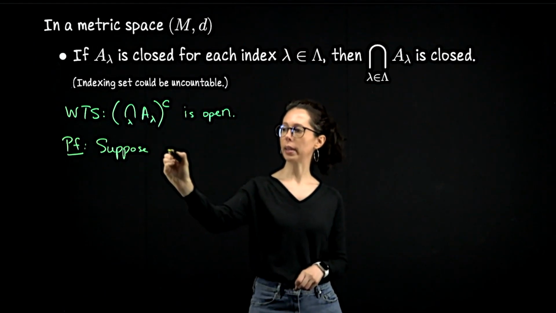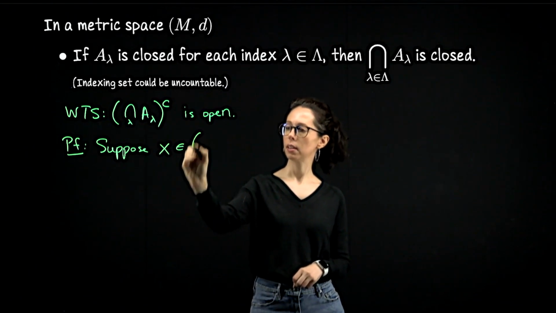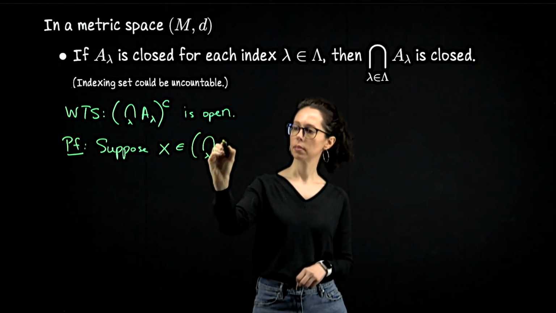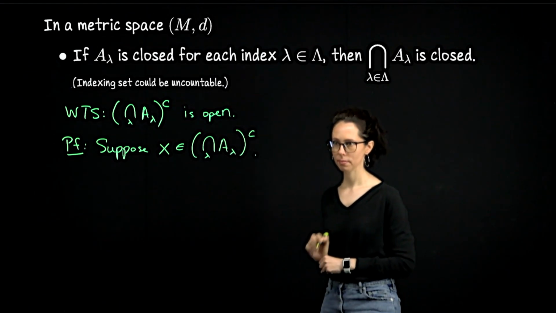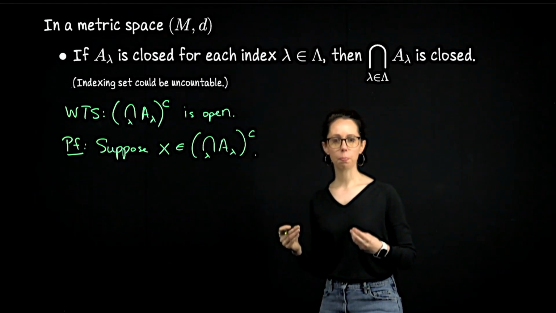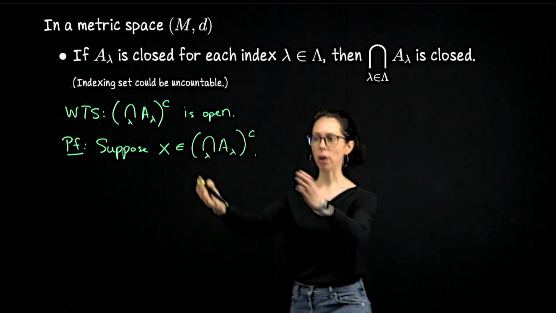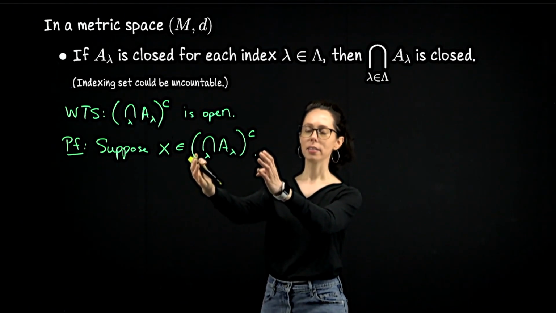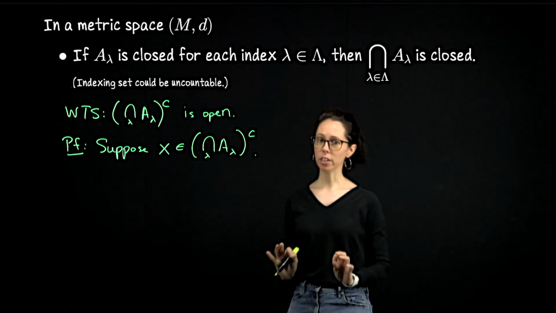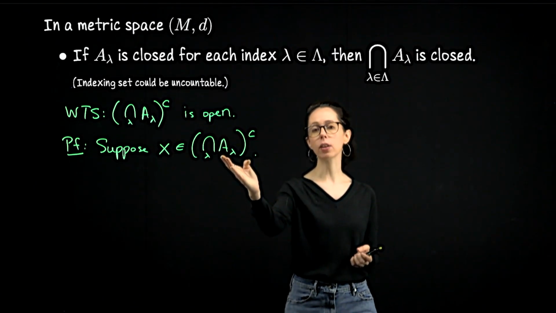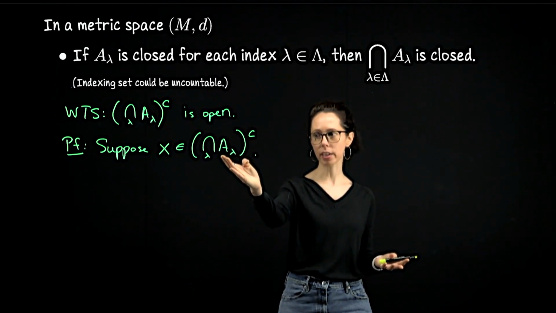Suppose I can find some point x, which is in the complement of the intersection. How do you land in that set? So what does it require to find yourself in the complement of this intersection? You are in the intersection if you're in every single member. So that's what it takes to be in an intersection.